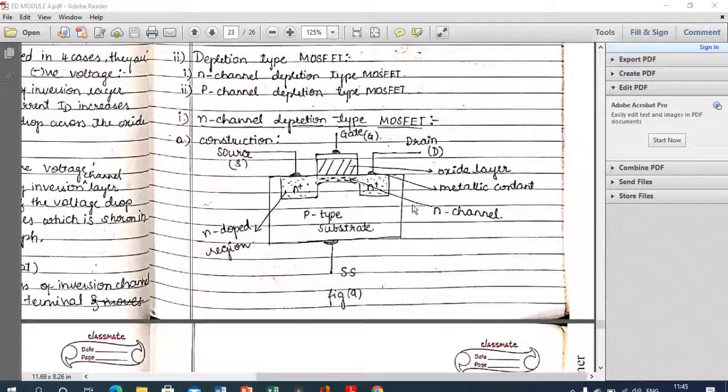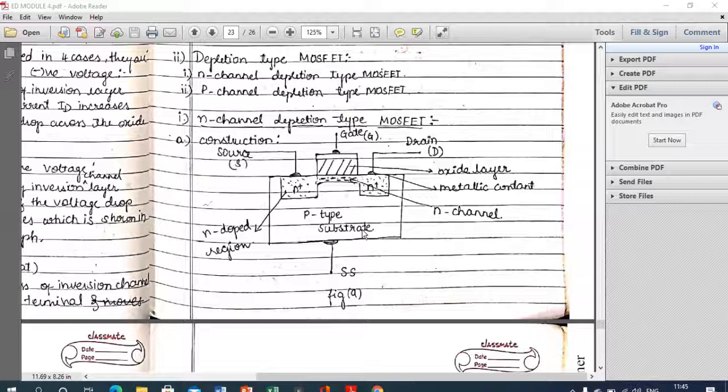The p-type substrate is used to form a basic foundation on which the device is constructed, right? I am using a p-type substrate for the n-channel depletion type MOSFET because I want to create an n-channel between the two n-doped regions. Because of this, we have chosen the p-type substrate.